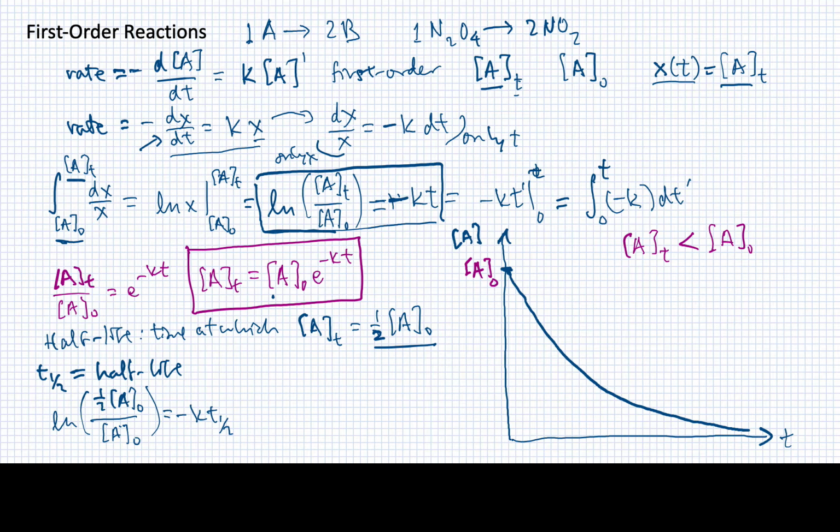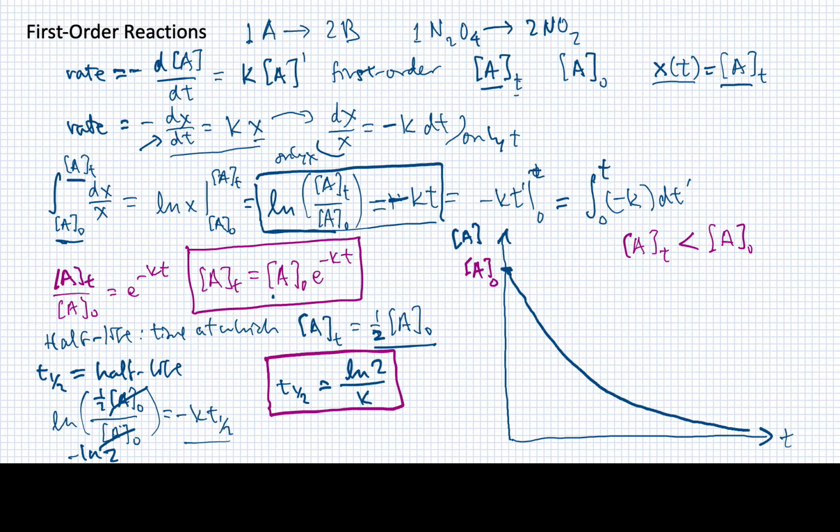So when I do this, these two factors are going to cancel. I'll have log of 1/2, which is equal to negative log of 2, is equal to minus kt of 1/2. So in other words, t sub 1/2 is equal to log of 2 over k. And this relationship tells us exactly how to establish the half-life of a first-order reaction.